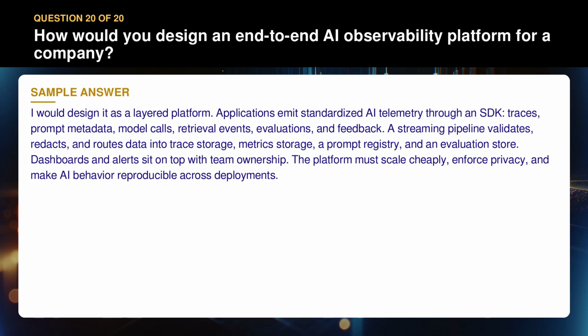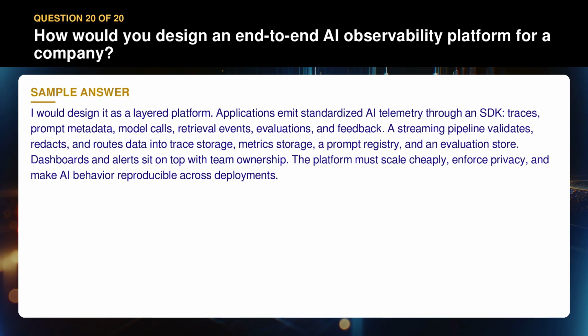Applications emit standardized AI telemetry through an SDK: traces, prompt metadata, model calls, retrieval events, evaluations, and feedback. A streaming pipeline validates, redacts, and routes data into trace storage, metric storage, a prompt registry, and an evaluation store. Dashboards and alerts sit on top with team ownership.